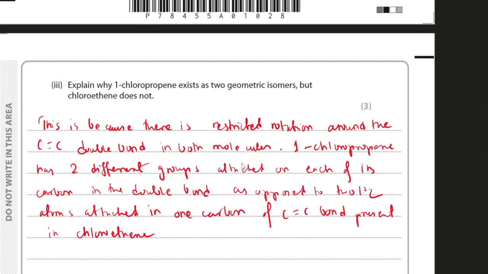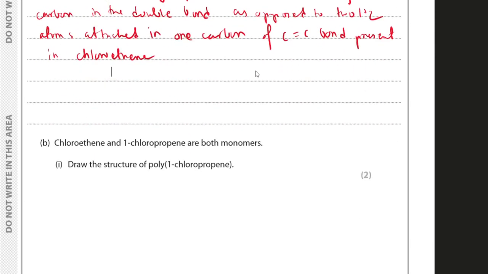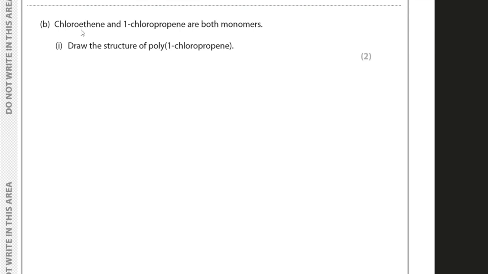So these are the two reasons why 1-chloropropene exists as two geometric isomers but chloroethene does not.